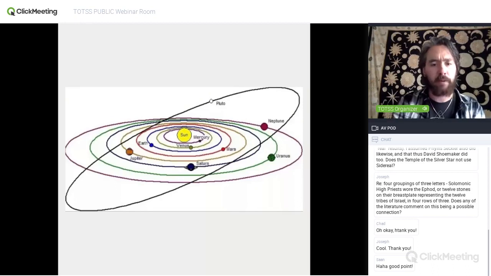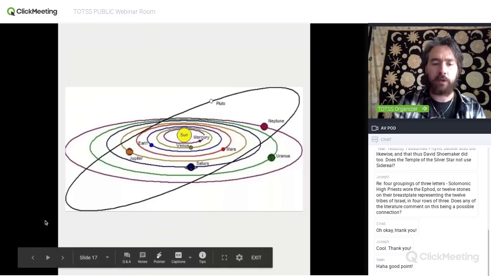Mercury is pretty variable. Our moon more or less follows the ecliptic as well, though the moon's orbital plane is inclined at, I think, 5 degrees to the ecliptic. That inclination is why you don't get an eclipse at every new and full moon, because sometimes the moon is above or below the ecliptic.